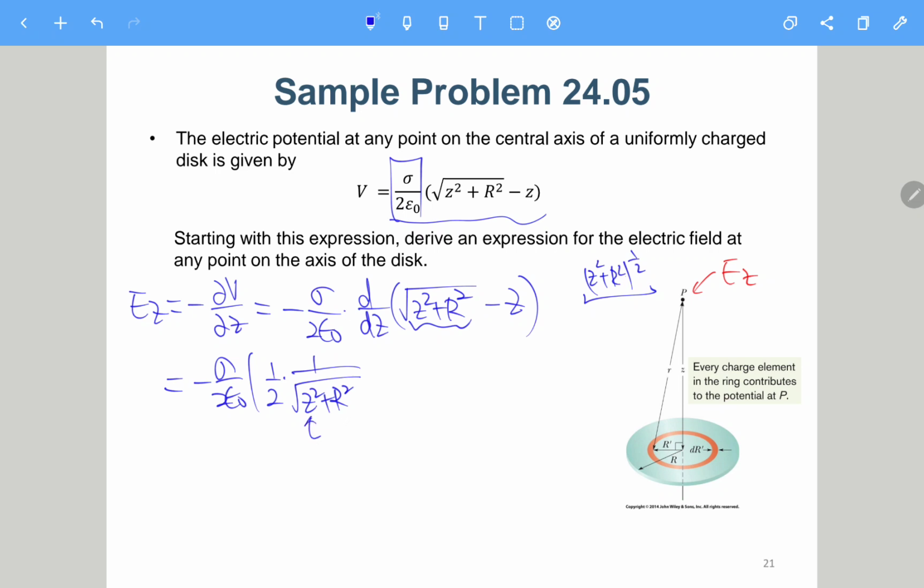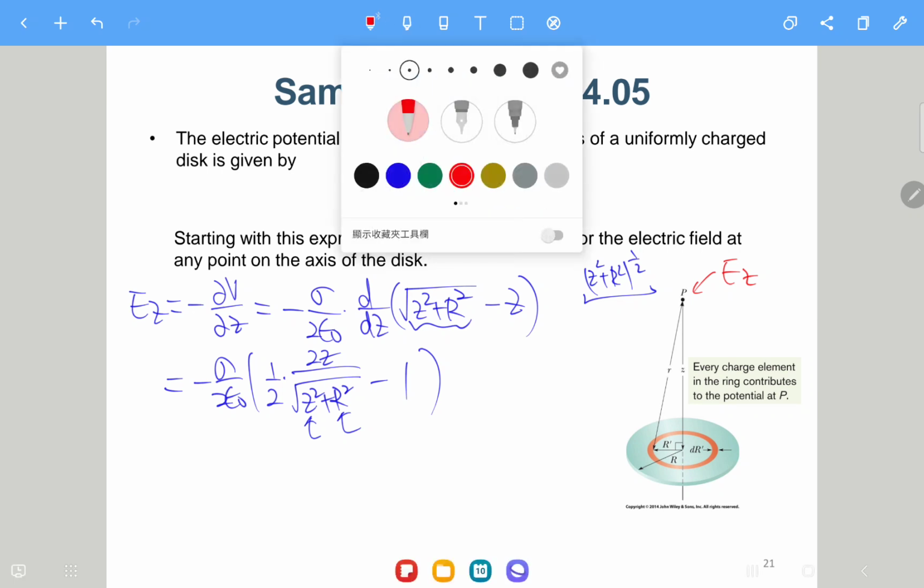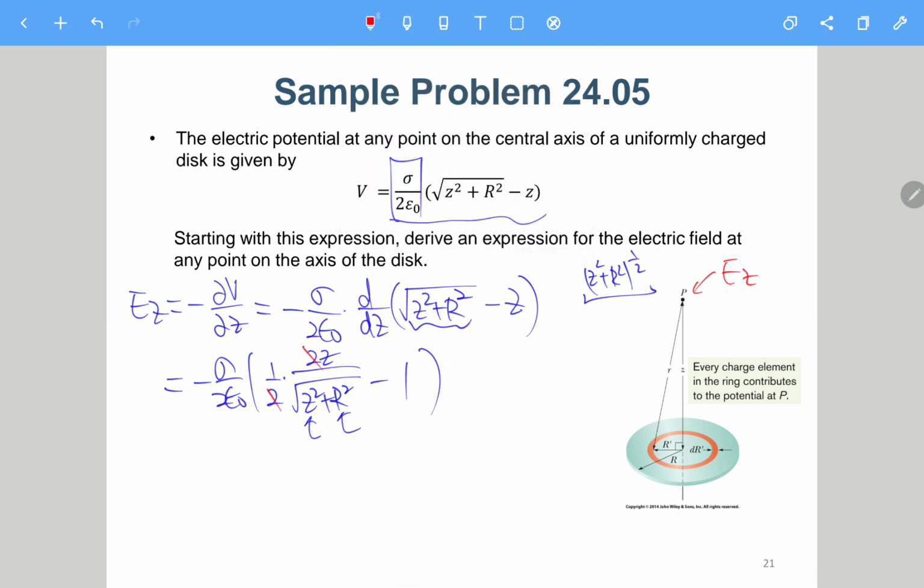So z squared, take the derivative, will be 2z, so we have 2z here. And then R is a constant to z, so taking the derivative will become 0. And then minus dz will be 1. And then finally, we can do some cancellation. These two and these two cancel.